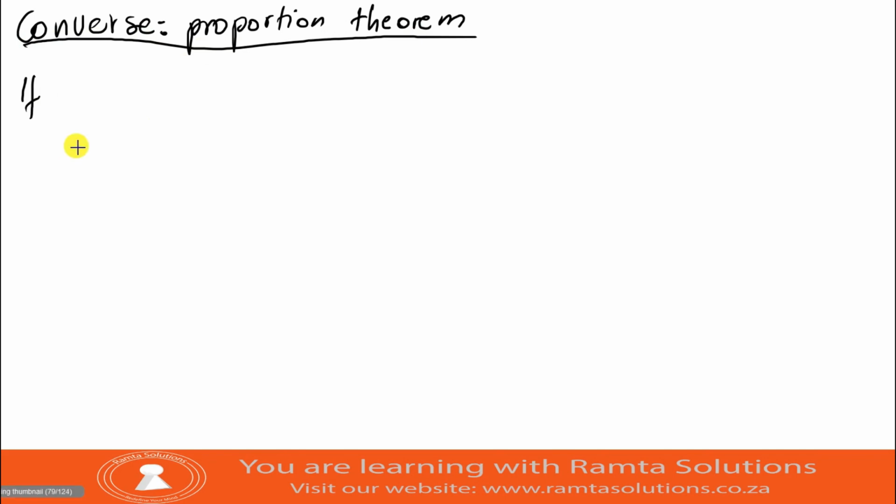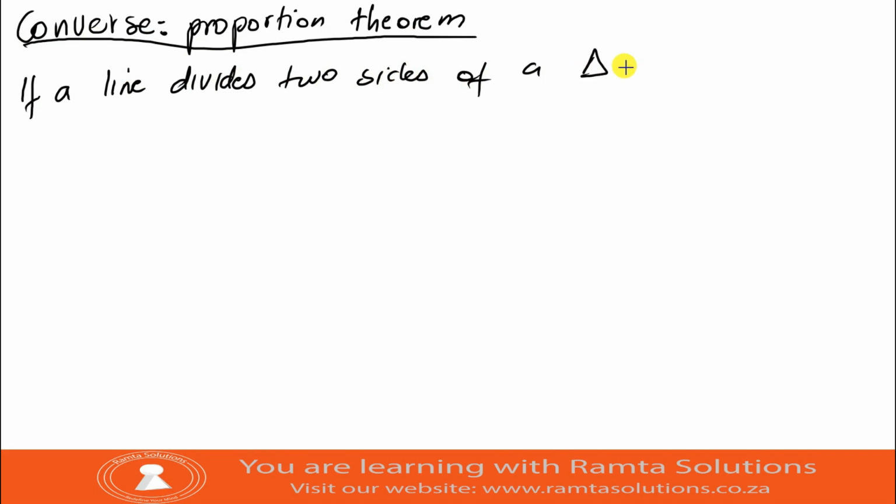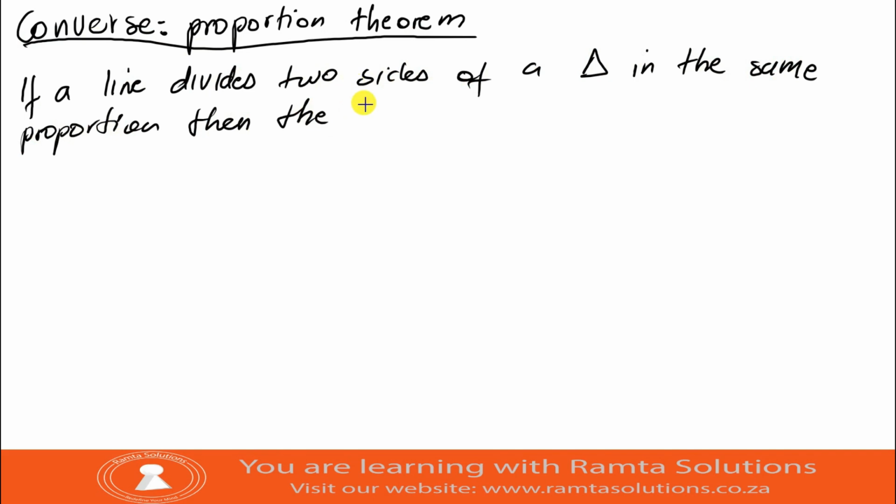Now let me show you what a converse says. This is the statement: if a line divides two sides of a triangle in the same proportion, then the line is parallel to the third side of the triangle.